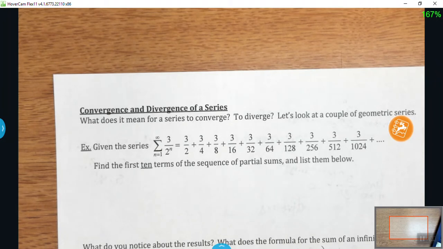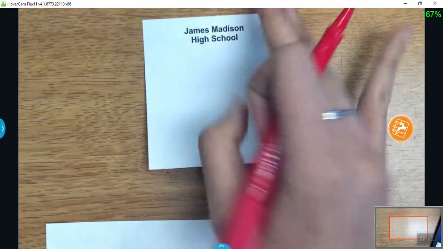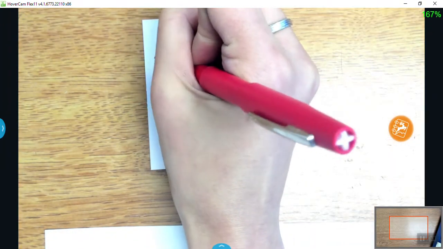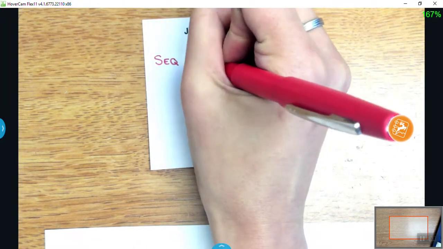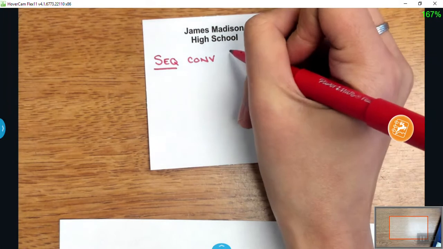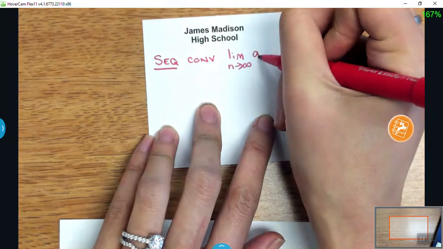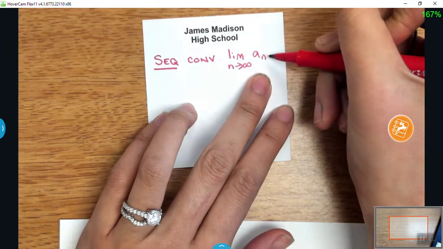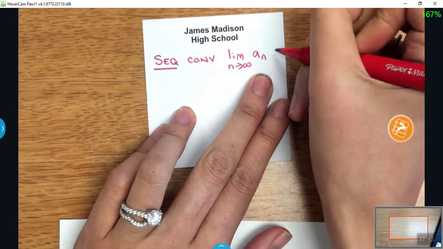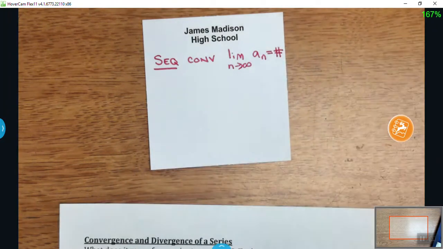When is it approaching infinity? Yeah, that's when it diverges. Okay, so a sequence converges when your limit of your sequence equals a number, right?